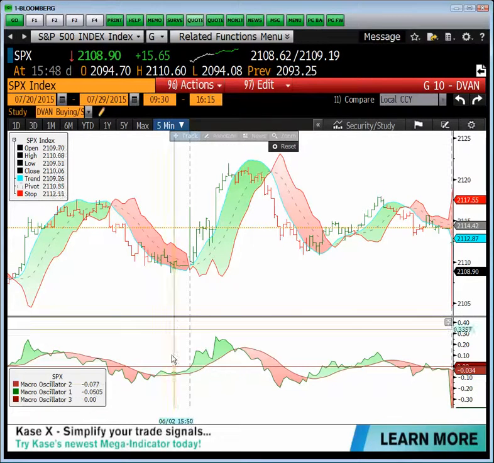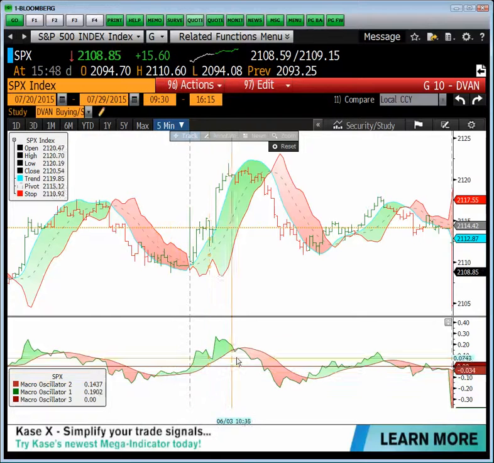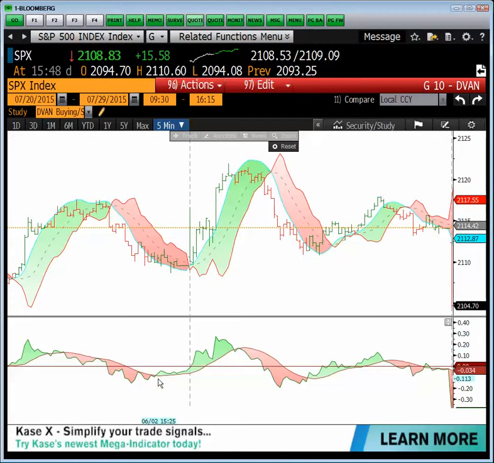As you can see, when green shading is indicated, this is showing a very early indication of short-term strength. When red shading is indicated, as you see here, it's showing an early indication of short-term weakness. These are beneficial in entering and exiting positions early.